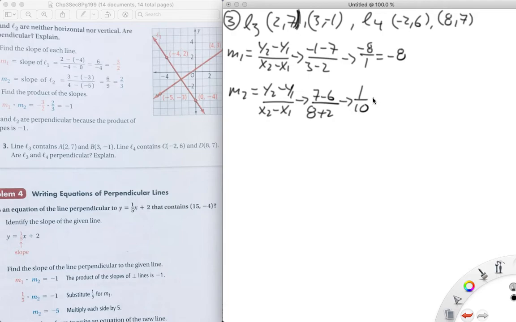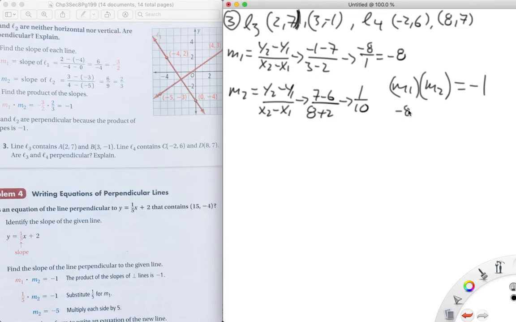So when I multiply these two slopes, if they're perpendicular, I'm going to get negative 1. So let's do that.